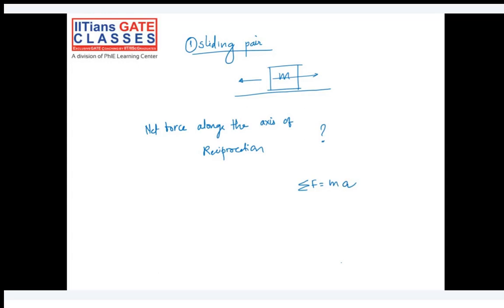Sean, I think you have answered mr omega square. Why is it mr omega square? It's not a rotating pair, so omega will not be there. So it is mass times acceleration; friction I am not considering here. It's without friction, that's why we are using just mass times acceleration.